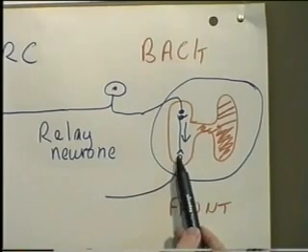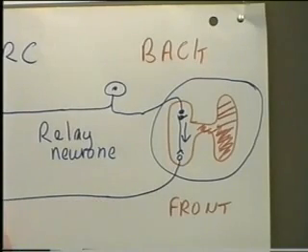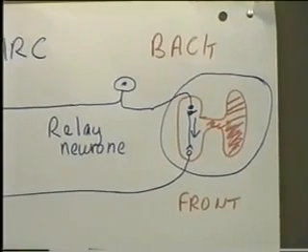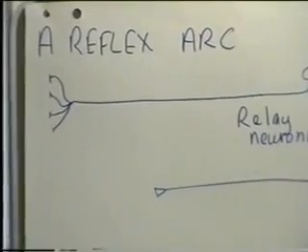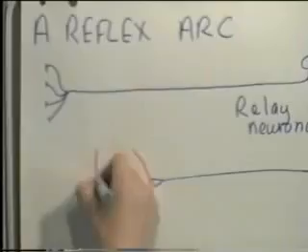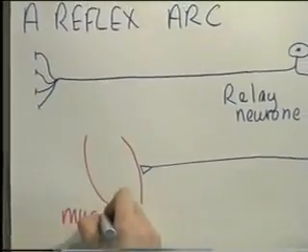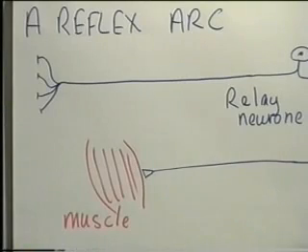So we have a motor neuron cell body, motor neuron axon, motor neuron motor end plate, and as you remember, hopefully, this is connected to a muscle, which will bring about some sort of movement. So what we have is a motor neuron and a sensory neuron joined together by a relay neuron.